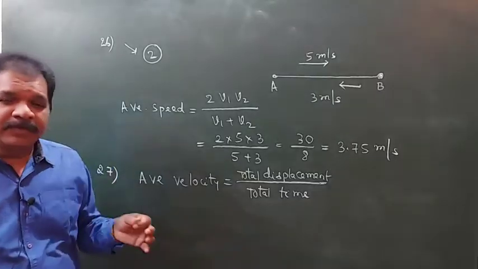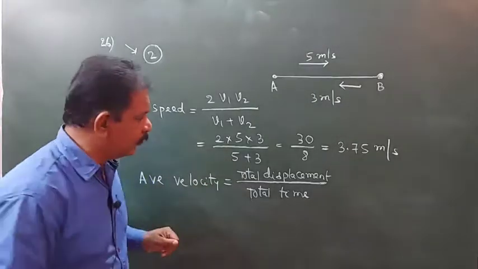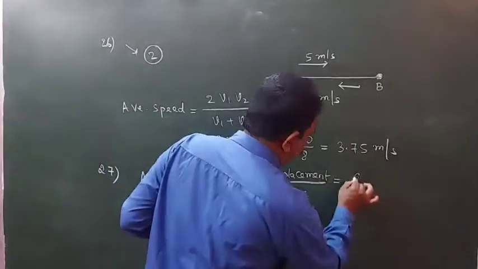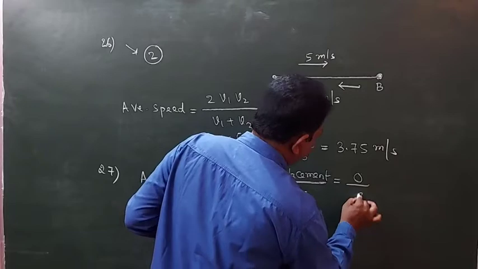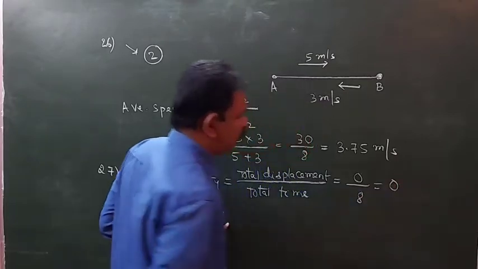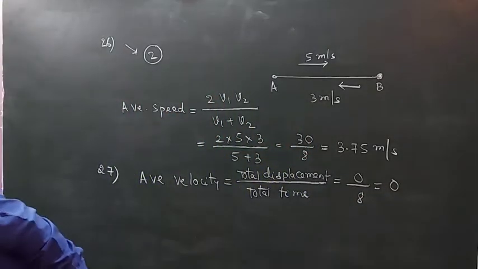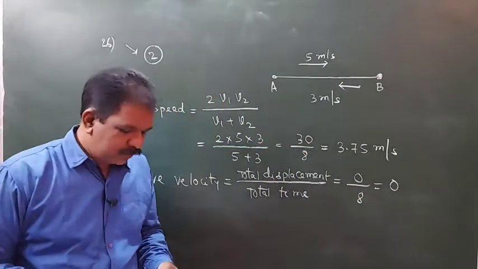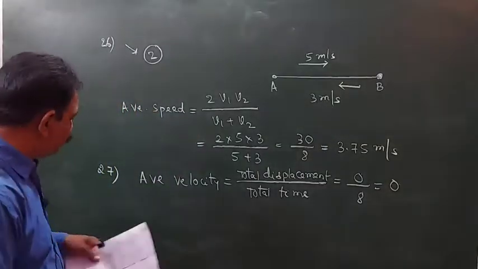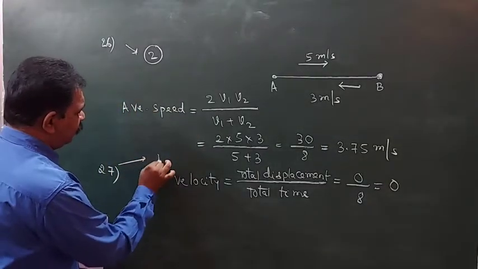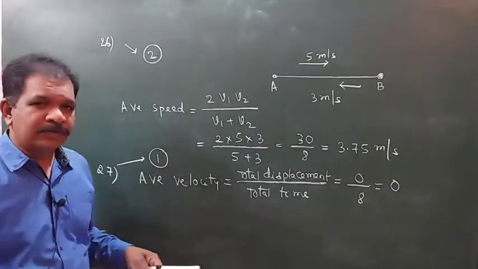Total displacement value will be equal to 0 because she came to the starting point. Na? So this value is equal to 0. 0 by something is 0. So problem number 27, it will be first option.